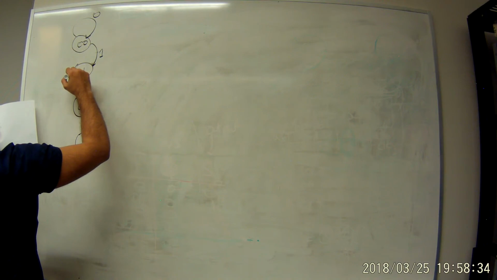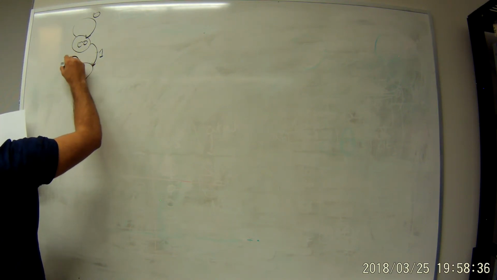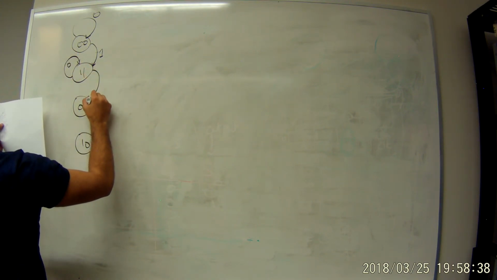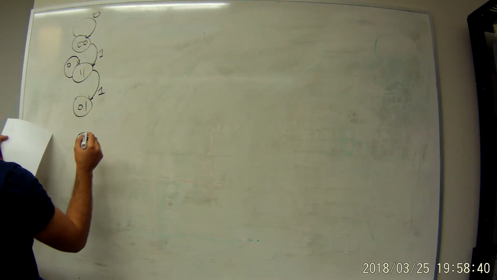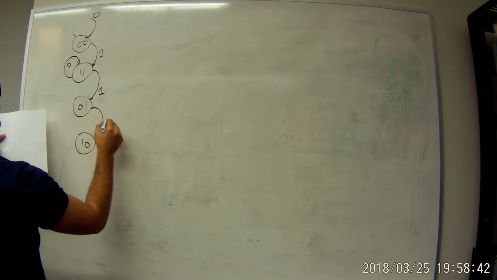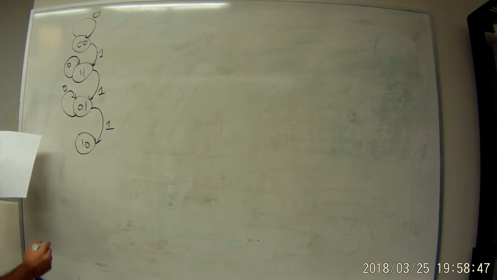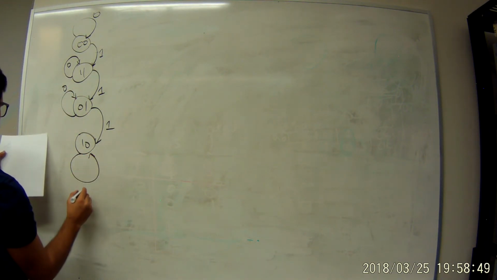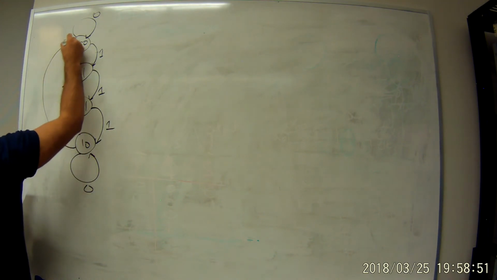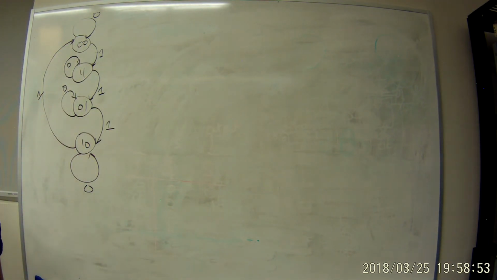From here, if we have input of 0, we stay there, but if we have input of 1, we go to the next state. And same thing over here. So at 1, 0, if we have input of 0, we stay on the same state, but if we have input of 1, we go back to 0, 0.